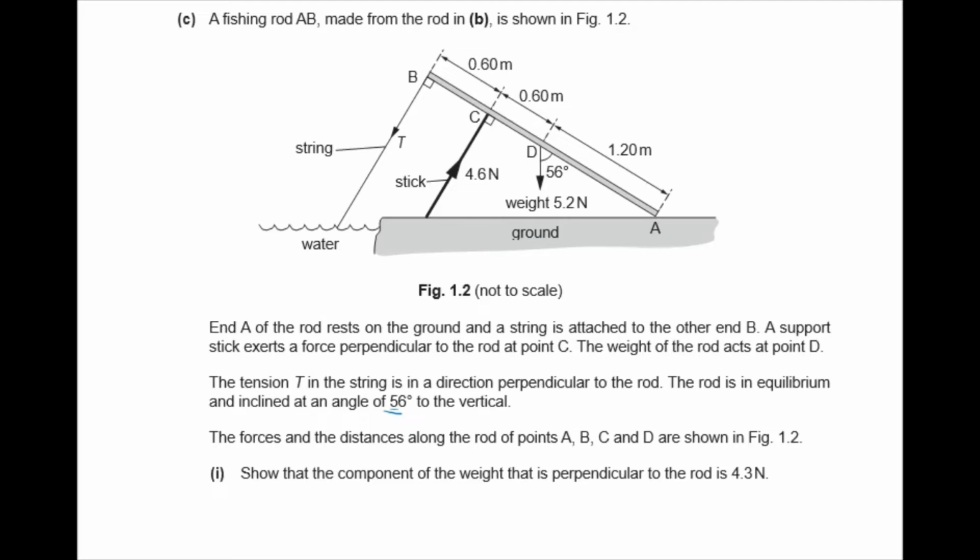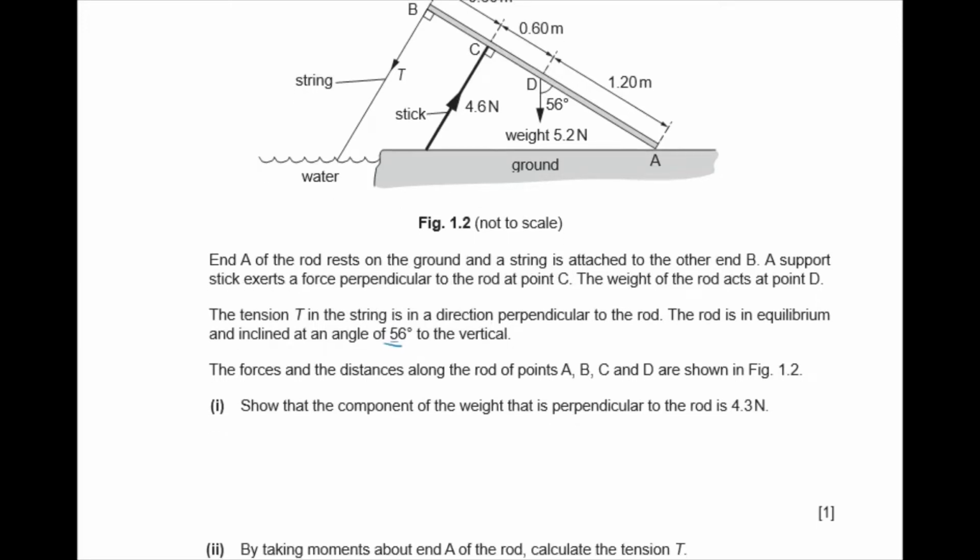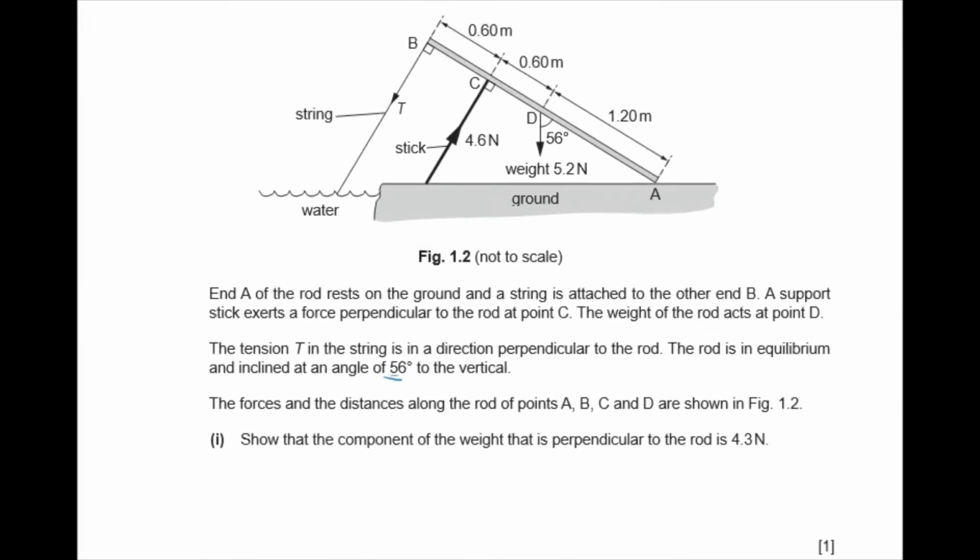C1, show that the component of the weight that is perpendicular to the rod is 4.3 Newton. Okay, so we have to show. We make the weight perpendicular look like this. So this is weight.